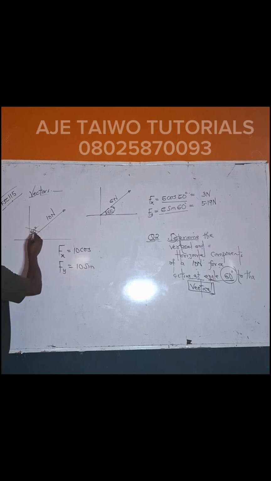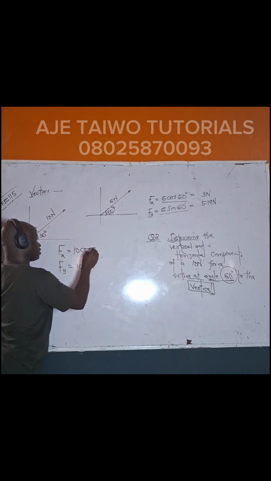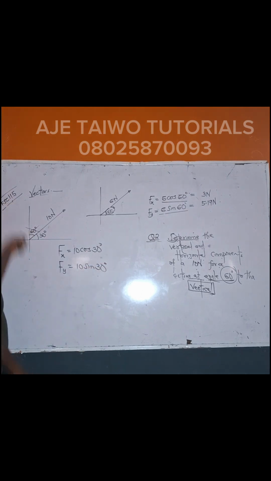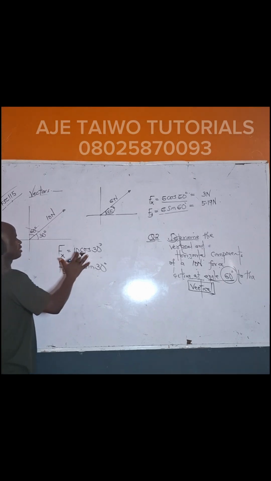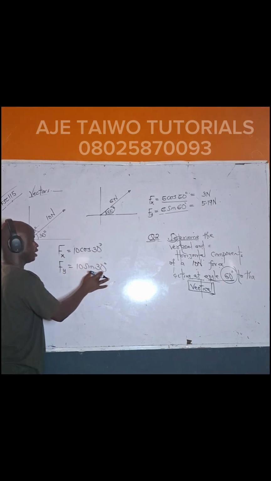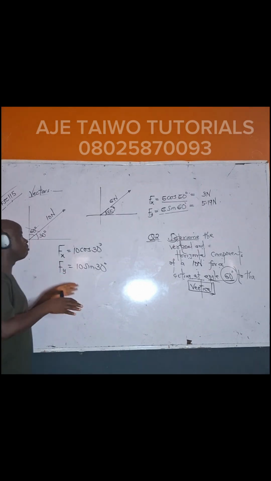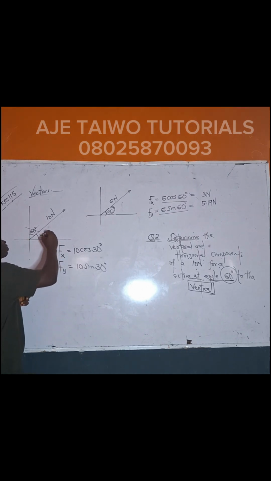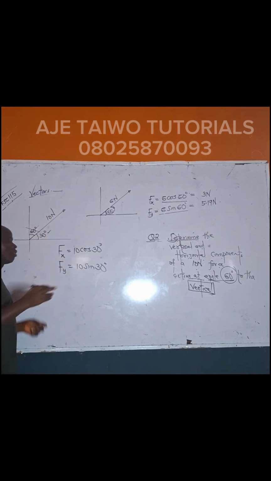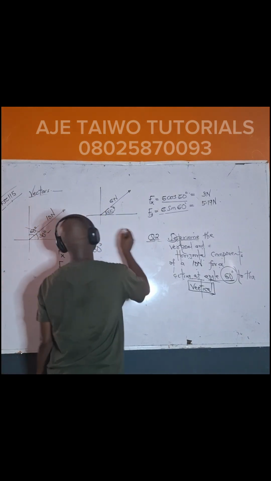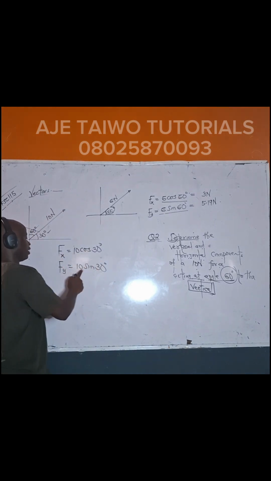I will use angle to the horizontal. So I will say what? Cos 30, sine 30. Otherwise they can be sine 60 and cos 60 here. You are correct. I want to use throughout angle to the what? Horizontal.